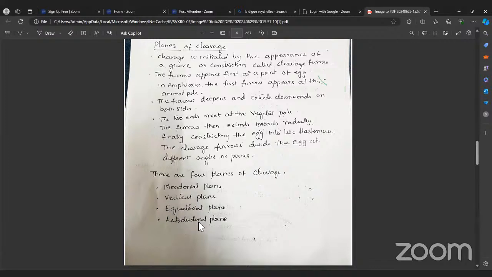Whereas for the latitudinal plane, I gave you the example of a mango with a seed. If you want only the seed not to be cut, you will chop off the upper part. So any cleavage that is occurring horizontally, but not from the center, is called the latitudinal plane.